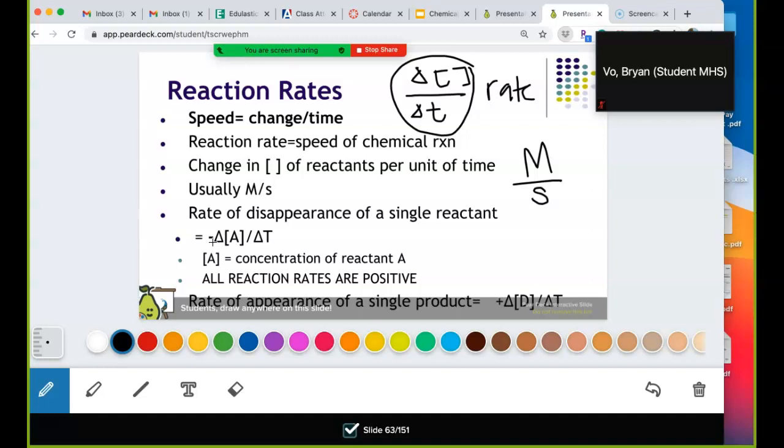The negative just means you're losing that concentration over time, and the positive means you're gaining concentration, because reactants get used up and products get made. So reactants should always decrease in concentration over time, and products should go up over time. That's the whole point of a reaction, to get rid of your reactants to make products.